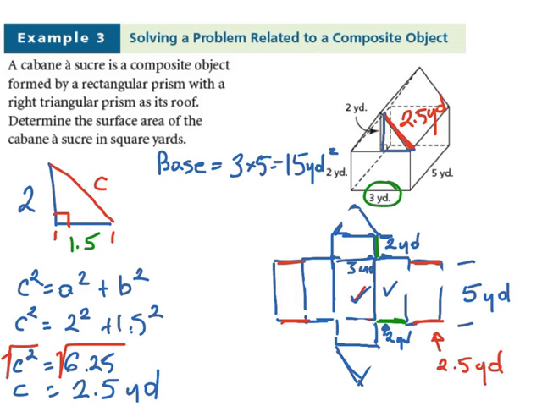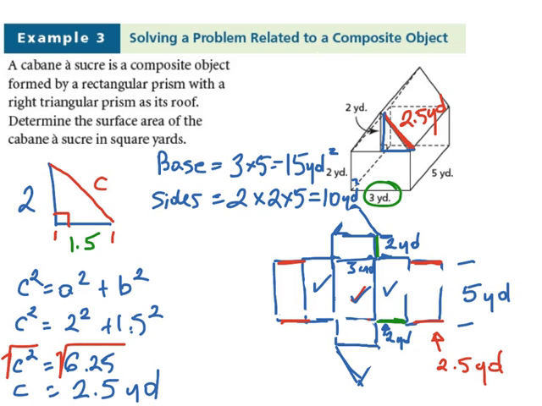So sides. And since there are 2 of them, I'm going to multiply by 2 first, and multiply by the other dimensions, which is 2 times 5. And that's 10 yards squared. So the sides are done. Now we're also going to add 2 more sides to the triangle. That's the front and the back face, which is right here.